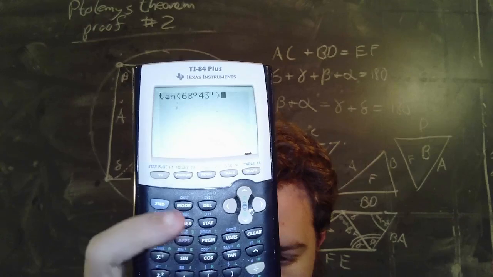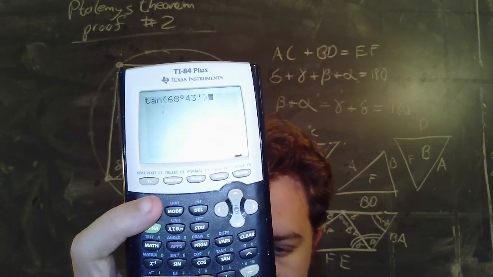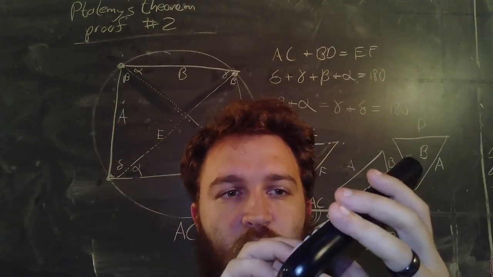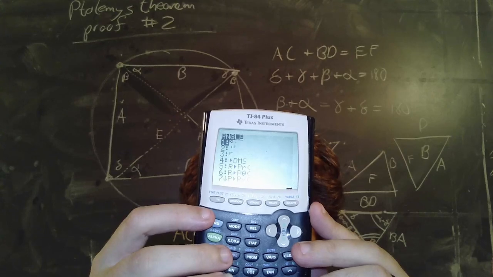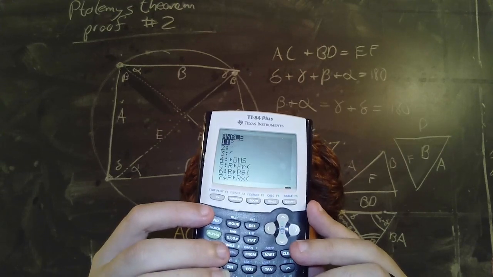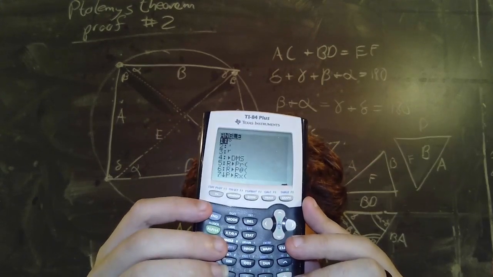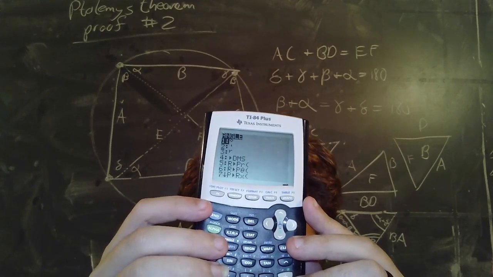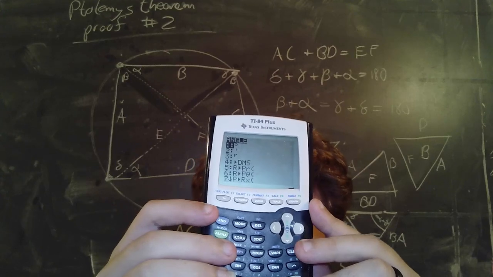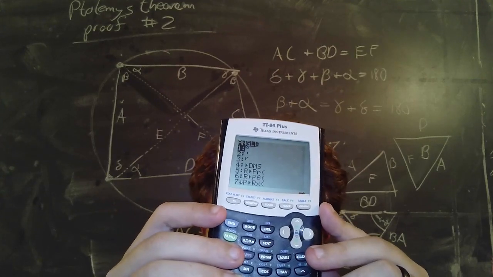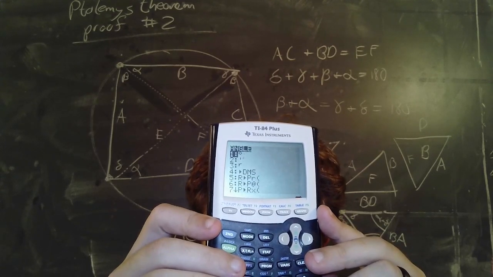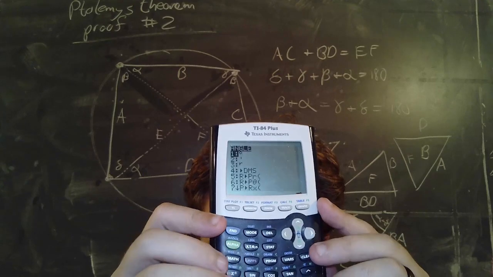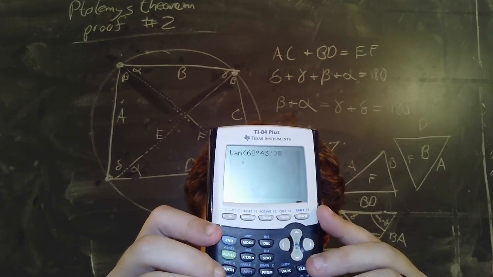The way that we get the degree symbol and the minute symbol is fairly easy. We hit the second button, and then we hit the apps key, which is usually in purple, and you'll see those three options there. It is degrees, minutes, and then we have a little r, and then we have DMS, and then we have some other options about polar coordinates at the bottom. So the degrees and minutes symbol right there at the top, we just type it, hit the clear button, exactly the way we see it.